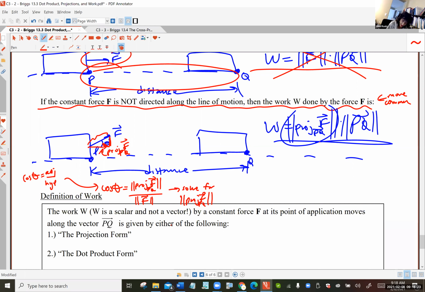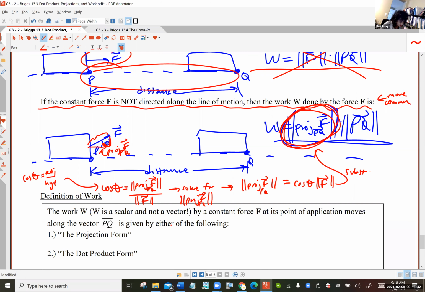Well, how come? Because I'm going to replace this factor in my work formula with this answer. After you clear fractions by multiplying both sides of the equation by the magnitude of F, you're going to substitute it there.